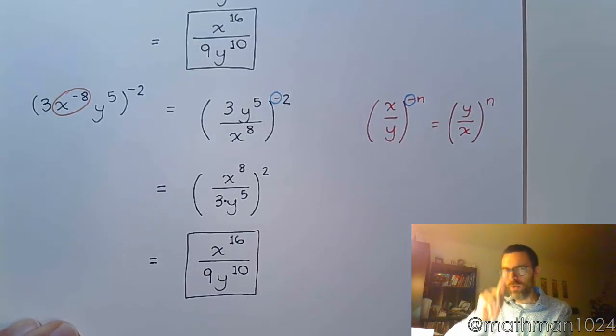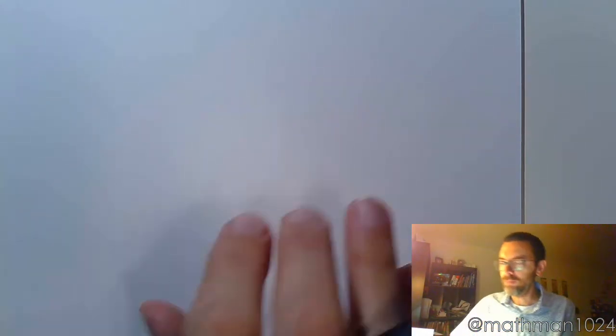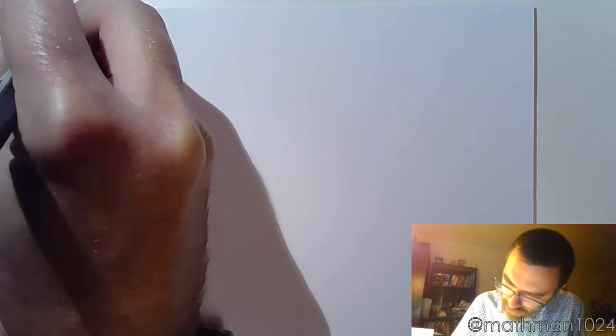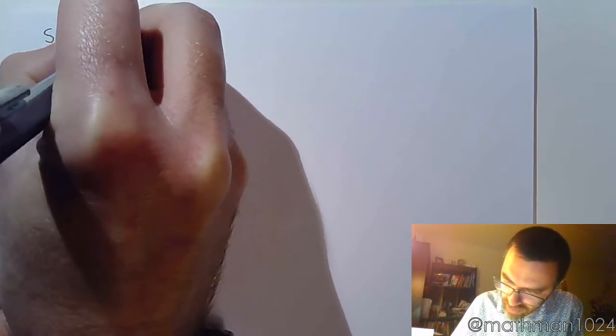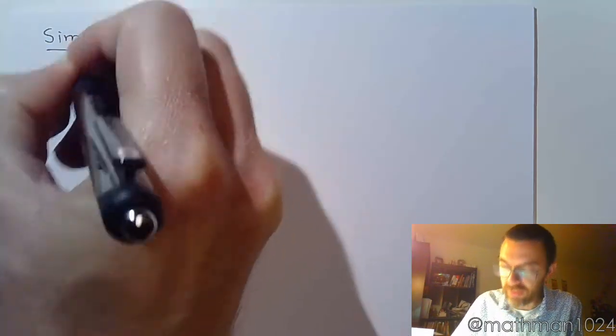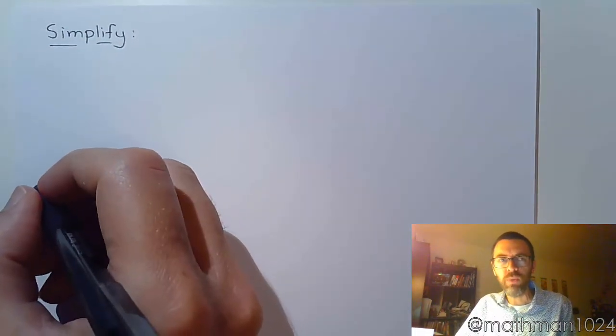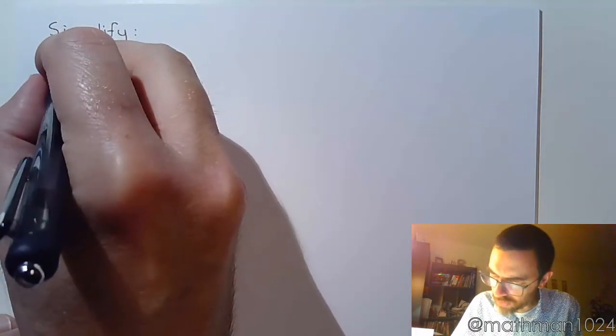All right, let's do one more. So this next one involves a fraction and a lot of negatives. So let's see if we can work this guy out using what we've already seen so far in this video.